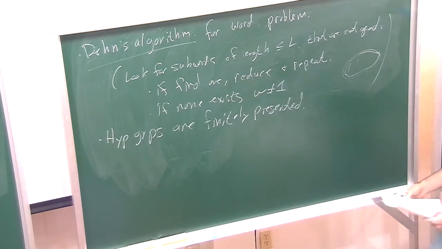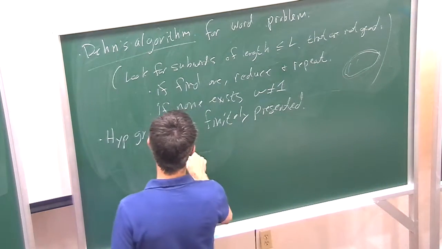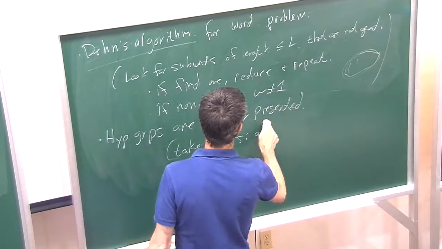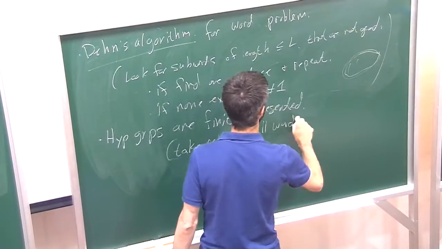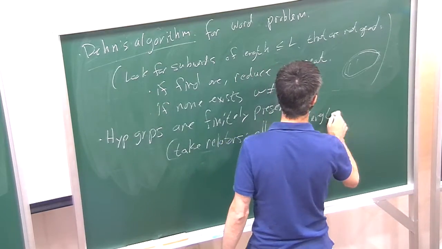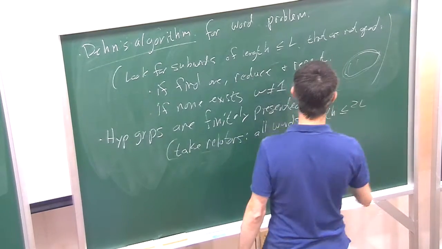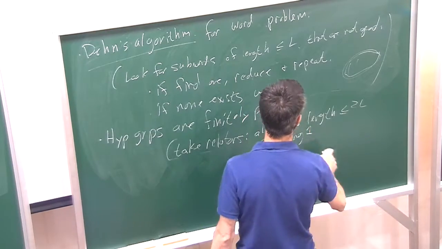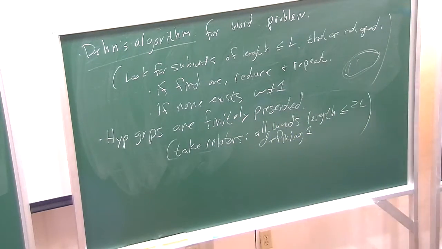So the relation set: take just relators, all words of length less than or equal to 2L defining the trivial element. That's a finite set because there are only finitely many words of length less than 2L, and your group is generated by that.